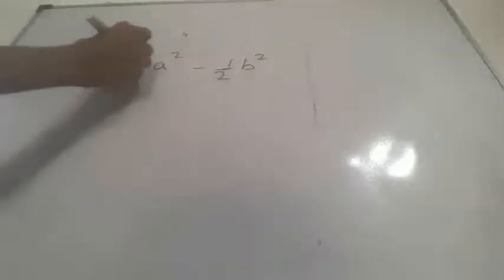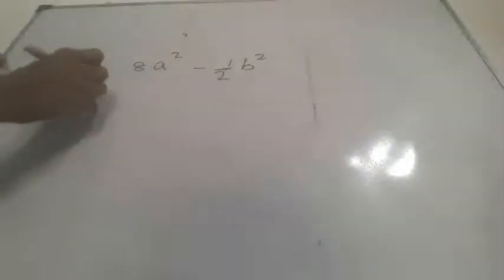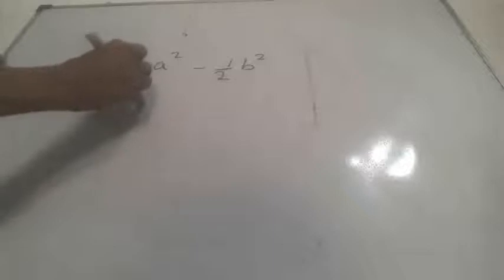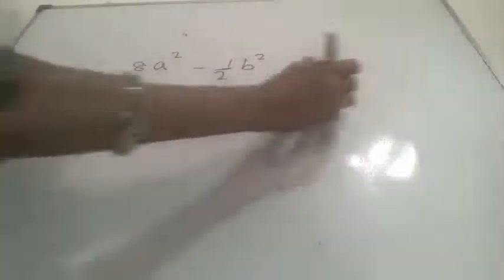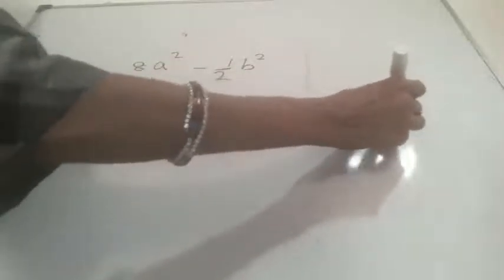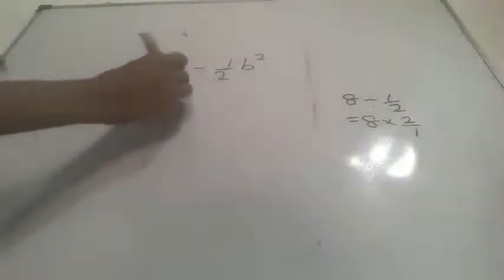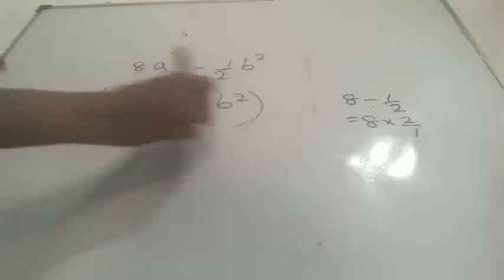a squared subtract 1 over 2 b squared. We write here 8. We take the common factor as half. Now 8 divided by half is equal to 8 multiplied by 2 over 1, 16. a squared subtract b squared.